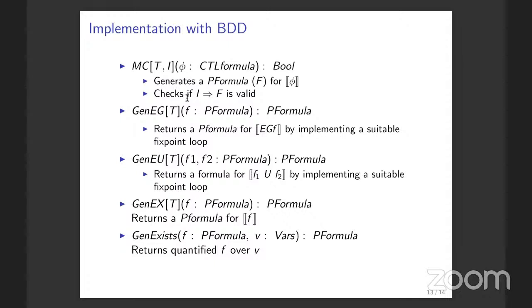Then you check if the initial predicate included in the Kripke model implies that F. If that is valid, you return true, otherwise you return false. This is how you will be implementing it.